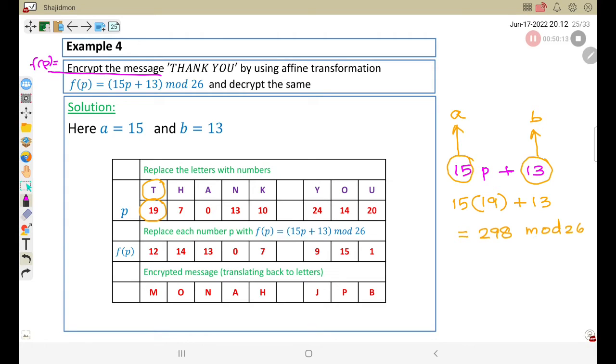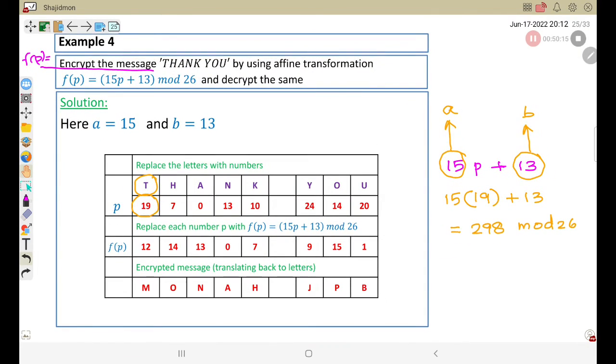Shortcuts are not easy here because it is a bigger number. So we need to calculate the mod. Mod means the remainder. So 298 divided by 26, as we studied before in section 4.2. You can check the calculator. What is that number? 11.46, continuing like this.